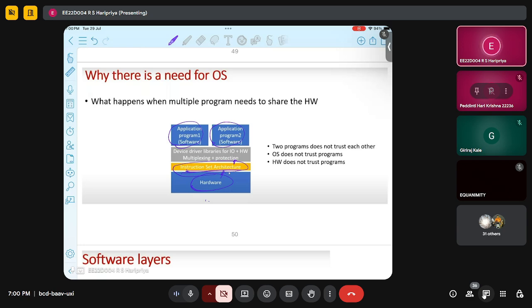Say program 1 needs to access the memory and program 2 wants to access the network card. To control this, the OS provides the drivers and the multiplexing, and it is done through the ISA.